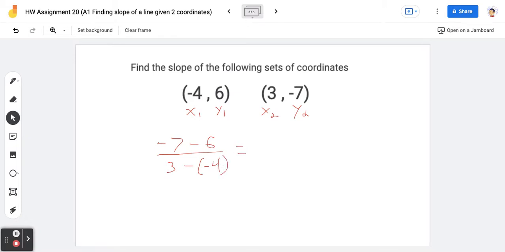Negative 7 minus 6 is a negative 13 over 3 minus a negative 4, which is a positive 7. And I'll leave it as an improper fraction. When we're dealing with slope, I like to leave them as fractions, so we don't have to convert to a mixed number or anything. That's as simplified as it could be. So it's a negative 13/7. I like to leave my slope as fractions, even if they're improper fractions.